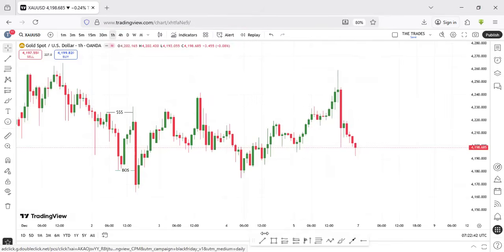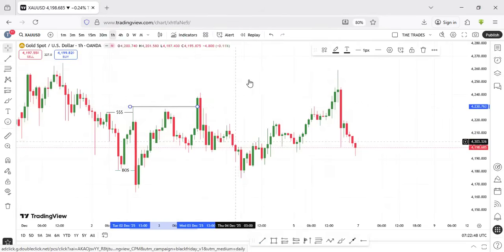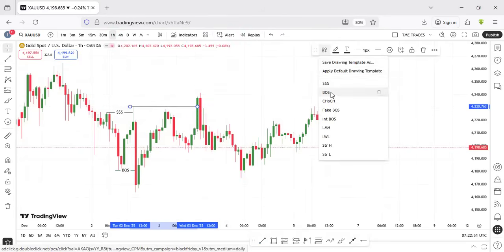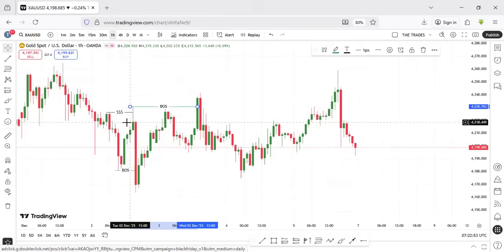And guess what? Market has gone above it, giving us a valid change of character rather.